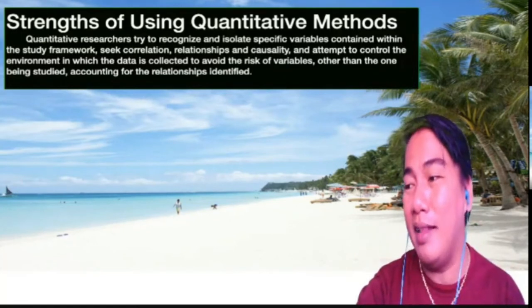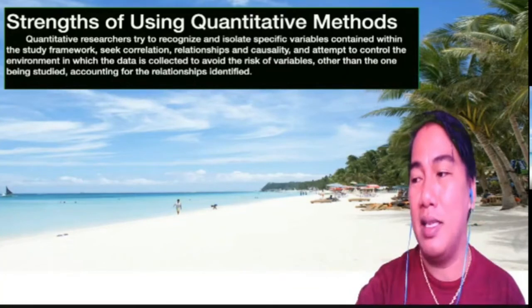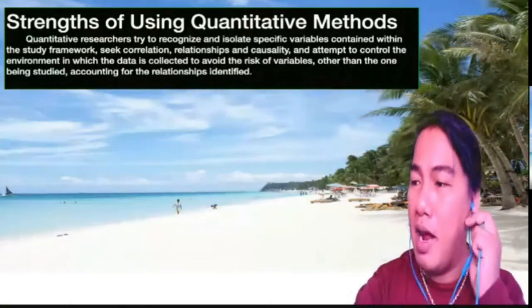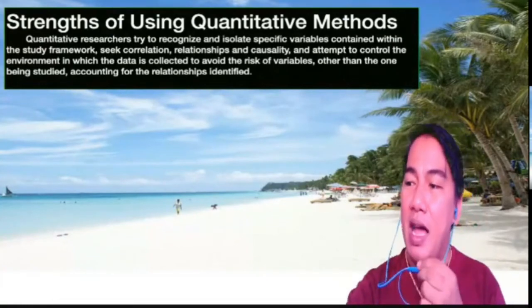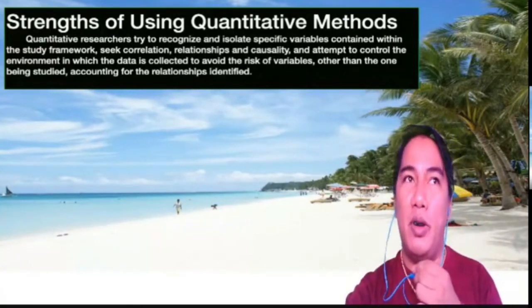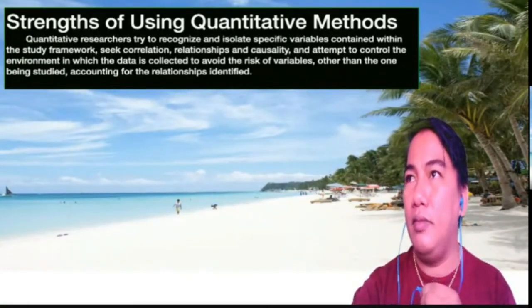And attempt to control the environment in which the data is collected. When you say attempt to control the environment in which the data is collected, meaning to say you have a control variable and dependent variable, okay? Experimental group, no?